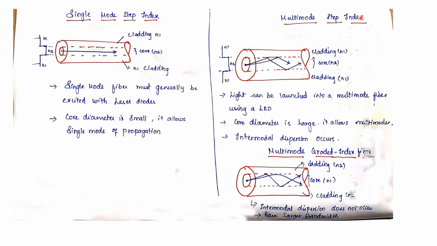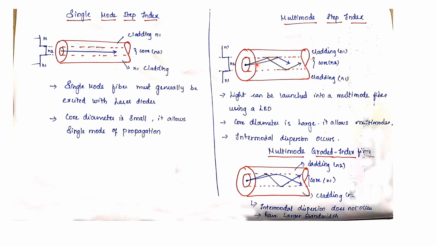In multi-mode step index fiber, the core diameter is very large when compared to the single mode step index fiber. So we have a larger core diameter. It can allow multiple rays, multiple paths. So that is the function of multimode step index fiber. The main problem we face in multimode step index fiber is intermodal dispersion.